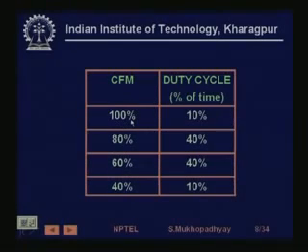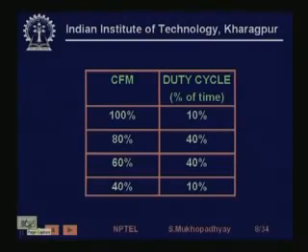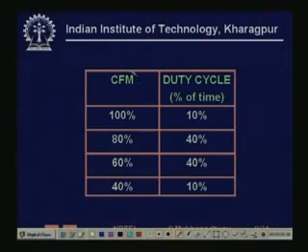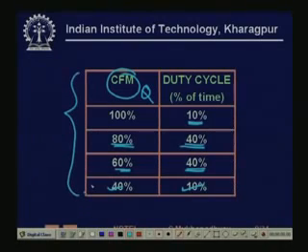Suppose in our example 100% CFM means again basically flow, cubic feet per minute. This is CFM means Q. So 100% flow stays for 10% of the time, 80% flow stays for 40% of the time, 60% for 40% of the time, and 40% 10% of the time. Imagine such a case, okay?